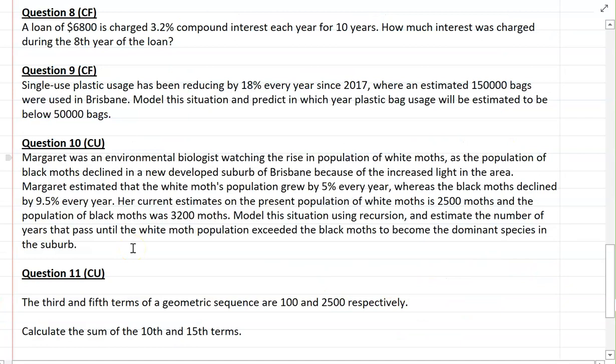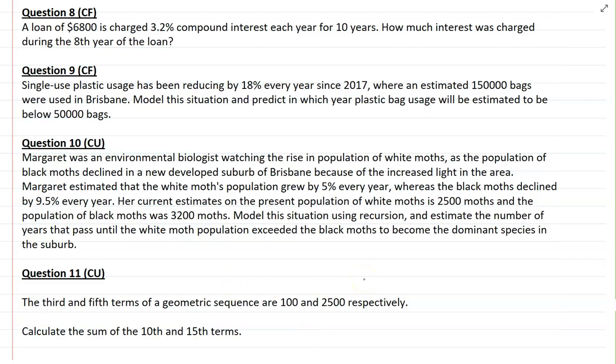The last question being complex unfamiliar. The third and fifth terms of a geometric sequence are 100 and 2500 respectively. You have to calculate the sum of the 10th and 15th terms.